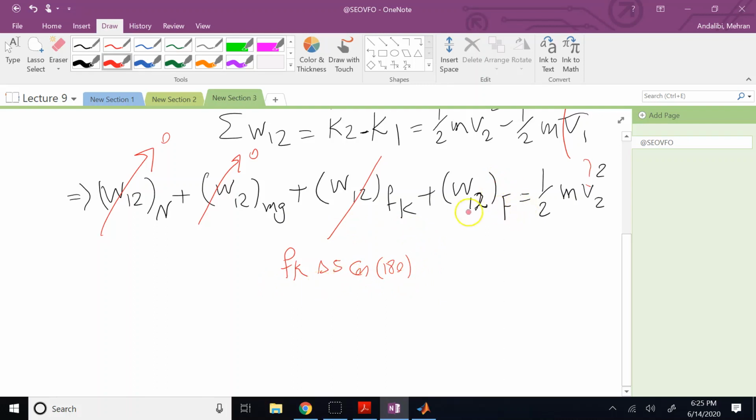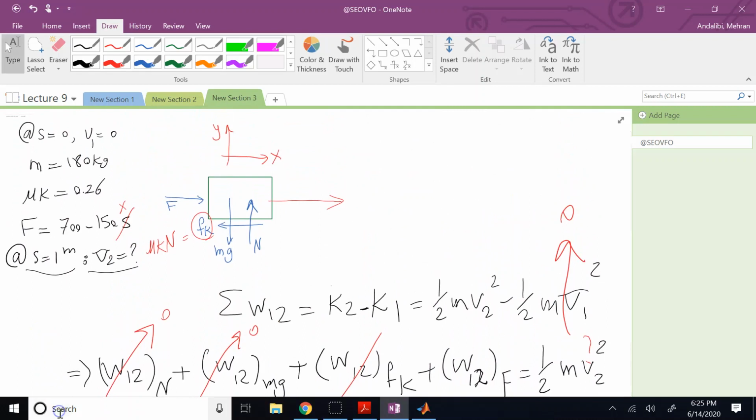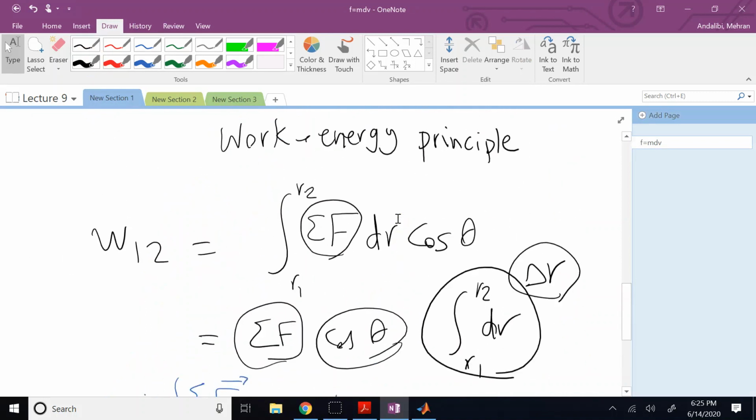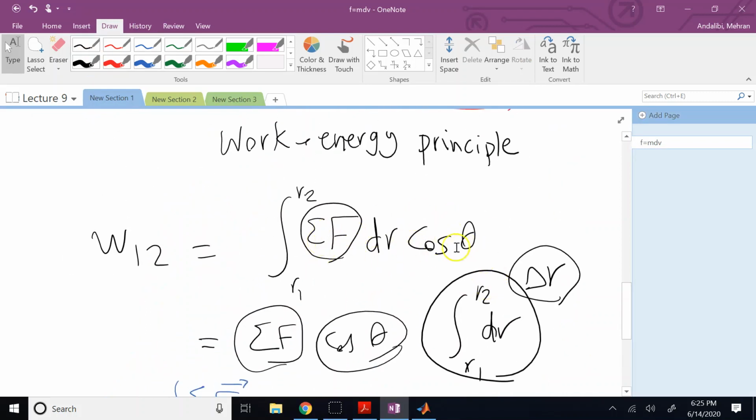The only thing is this guy here, F. Although the direction of F and direction of the displacement are always the same, so angle in between is 0, that angle does not change, but the F itself does change versus S. And so because the magnitude does change, I cannot use the simplified formula. What I really need to do is to integrate. This cosine of angle, since angle is constant, can come out. And here it is just cosine of 0, so it's 1, so it's not going to do anything.